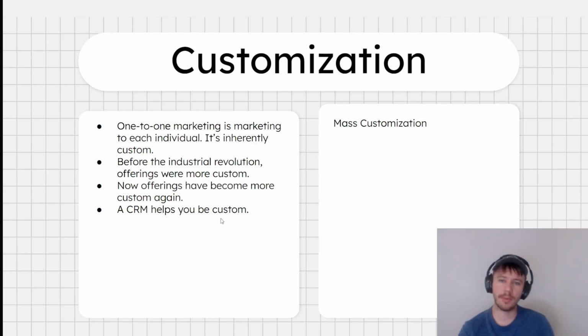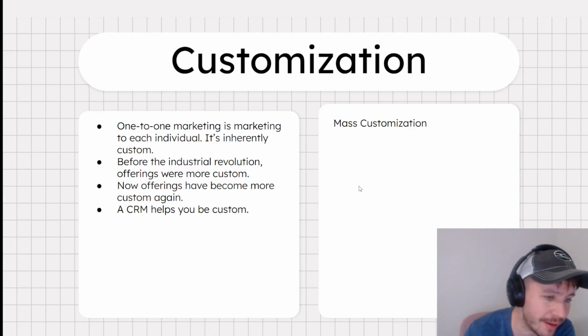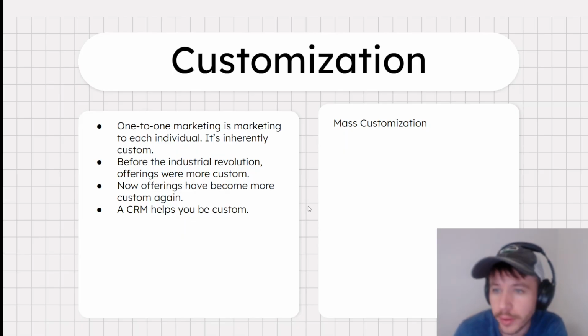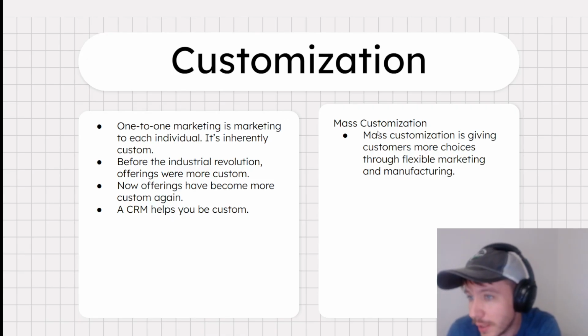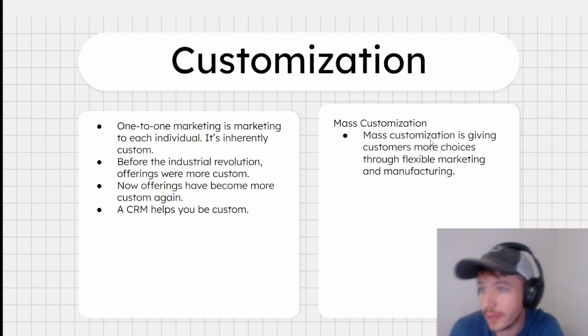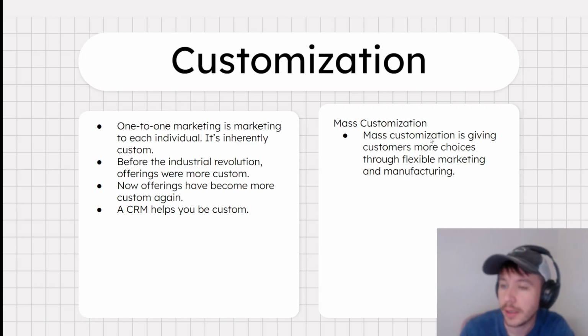So a CRM helps you be custom, helps you keep track of information. That's customer relationship management. So the idea of a CRM, if you've never used one, is you plug a bunch of information in throughout the life cycle of serving and maintaining that customer relationship. There should be tons of info in there, all in one place, single pane of glass. All right, but jumping on to mass customization, it's essentially just giving customers more choices through flexible marketing and manufacturing.